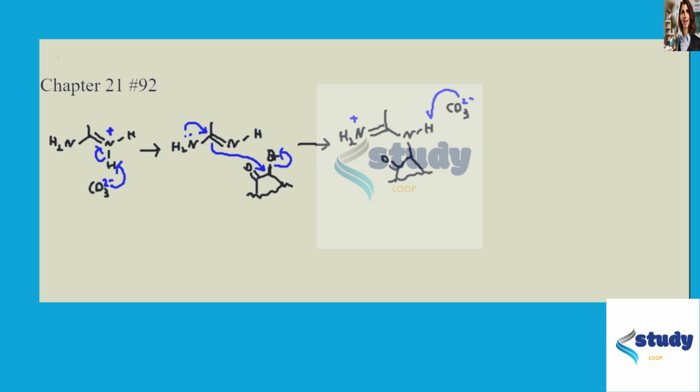That's going to come and take this proton. These electrons are going to go here to form a new double bond. One of these bonds will break. And that's going to get us to this intermediate.